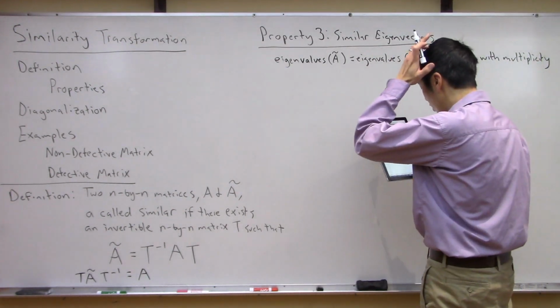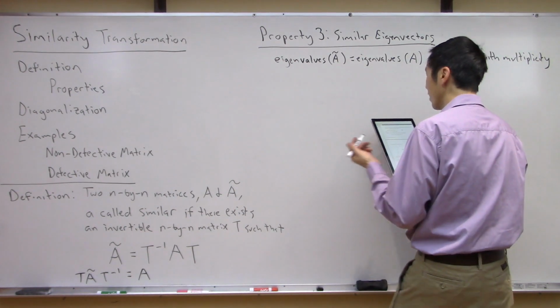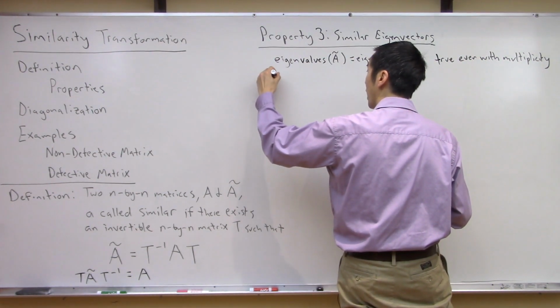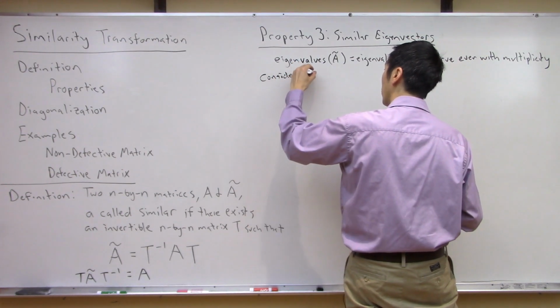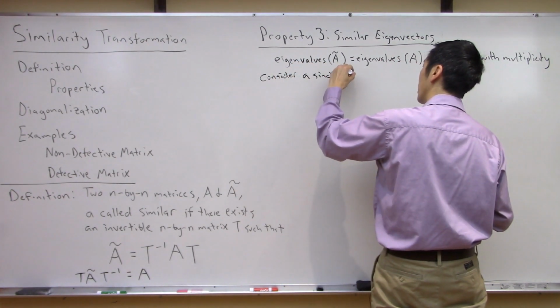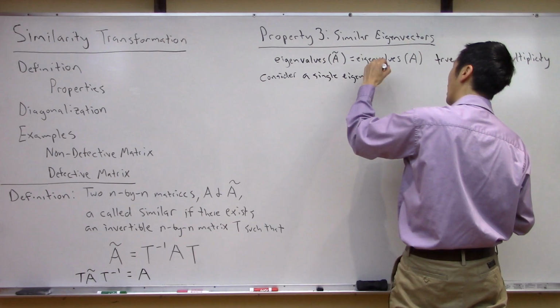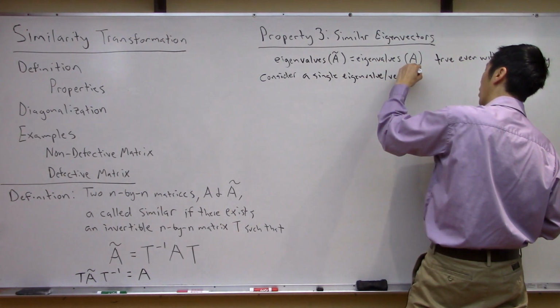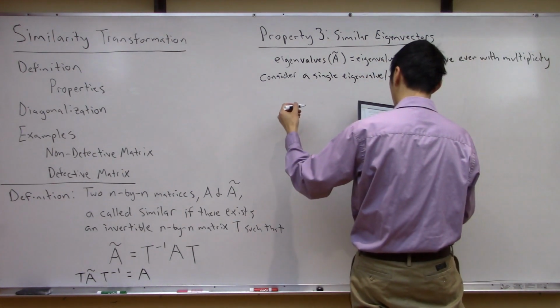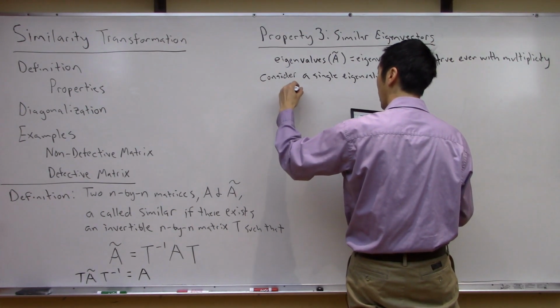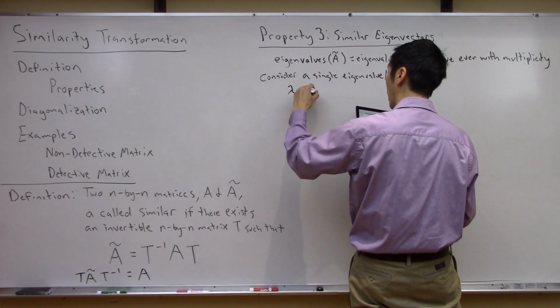To do that, let's consider a single eigenvalue/eigenvector pair. I'm going to denote this as lambda i and v i.